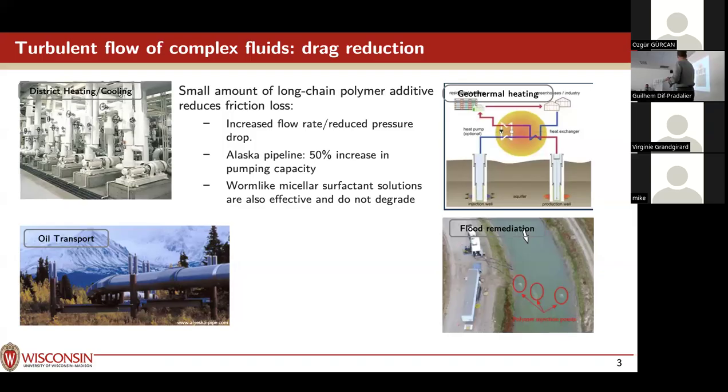The motivation for this study was flood remediation: you could potentially lessen the effect of floods by adding polymer solutions, lower the drag and lower the elevation. That turns out, unfortunately, to be very timely given flooding in Texas, the U.S., this past weekend.